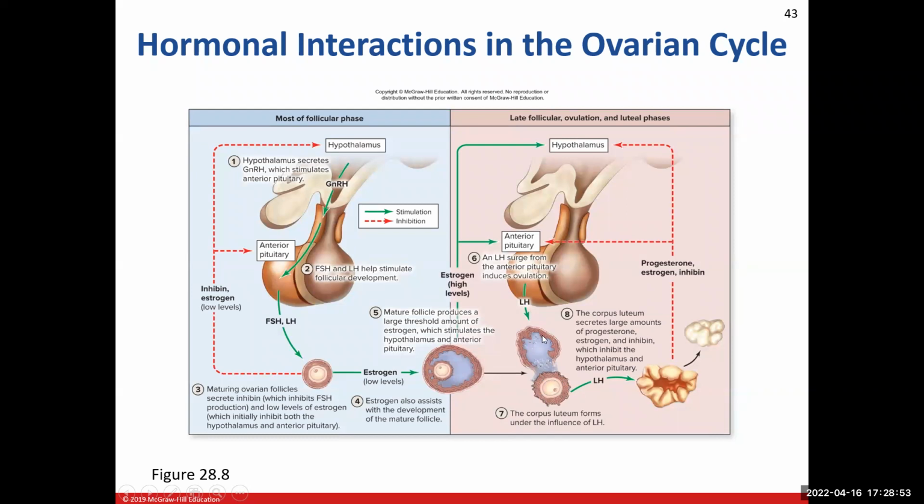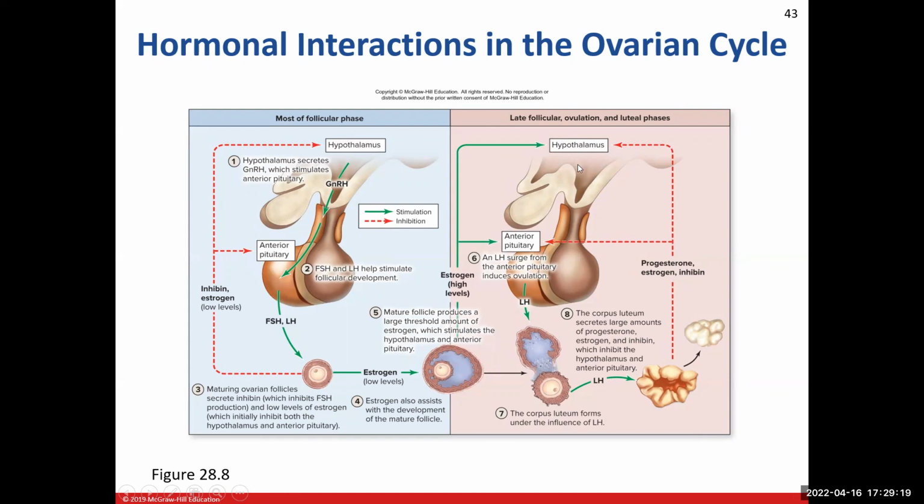And so that secondary oocyte moves into the fallopian tubes. Then we can see, right, that ruptured mature follicle is going to convert into the corpus luteum. And then now we have developed our own endocrine gland here temporarily for 3 months. And so the production of those 3 hormones, progesterone, estrogen, and inhibin, will act as, all right, an inhibitory stimulus here on the hypothalamus and the anterior pituitary.